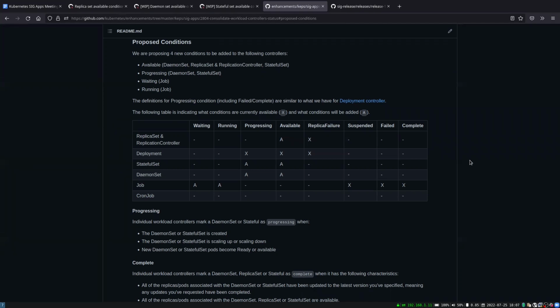So for the replica sets, the main problem is that there might not be all the replicas running.